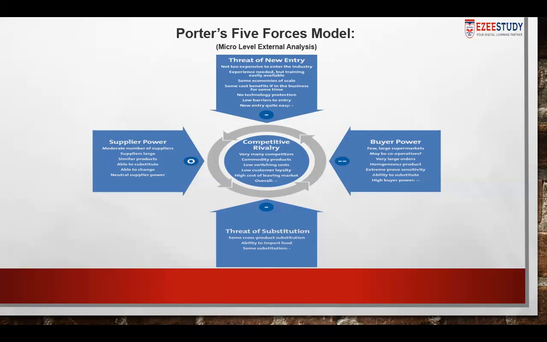But the moment you see that there is a rivalry in the industry, and the moment you change the price, you see all the competitors responding to that and they start competing with you, it means that there's a tough competition and the rivalry is at peak. So the strategy in that case will definitely be different. So you cannot ignore the level or the type of rivalry that exists between existing competitors while drafting any strategy.